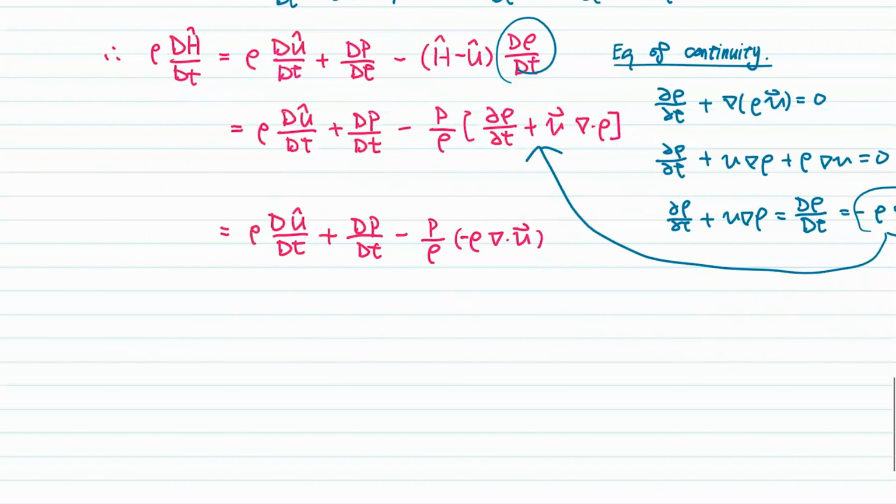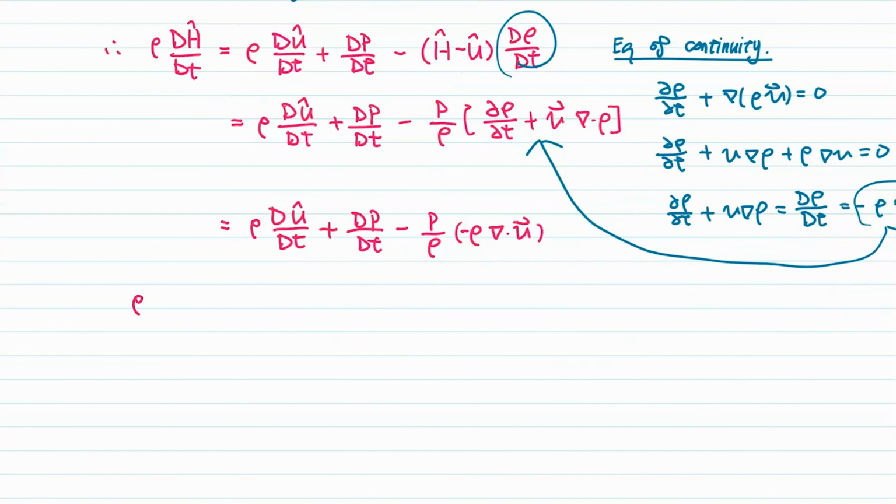We now have our final form, which is rho times the substantial derivative of enthalpy equals rho times the substantial derivative of internal energy plus DP/Dt plus P times the gradient of v.